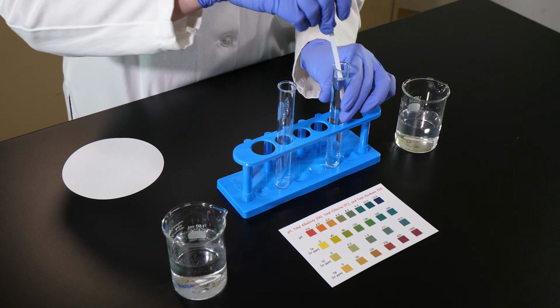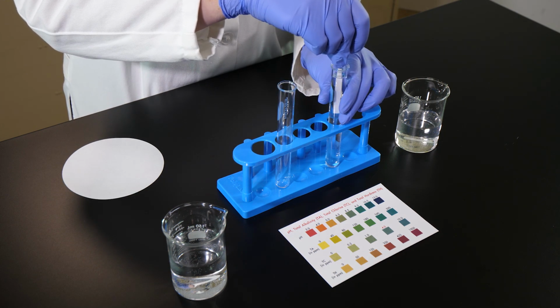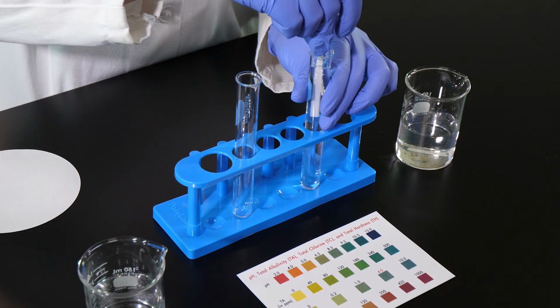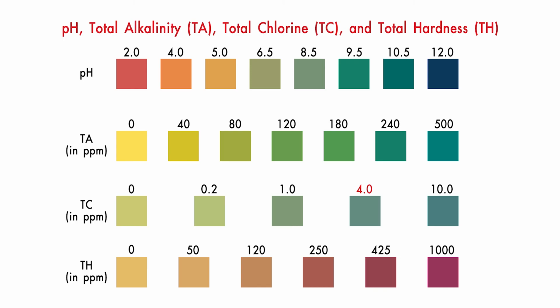We dip the test strip into the water and swish it back and forth for 5 seconds to make certain the indicators soak up enough water. We need to wait 20 seconds for the chemical reactions to complete. Then, we compare the color of the test strip with colors on an indicator chart.